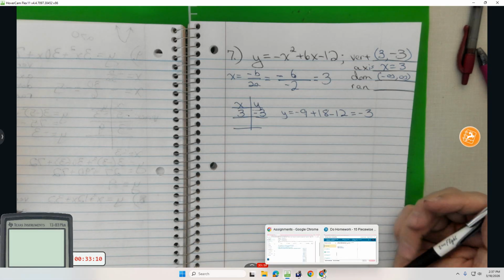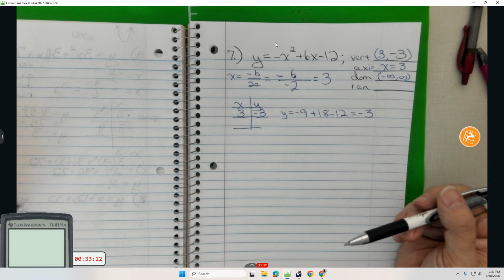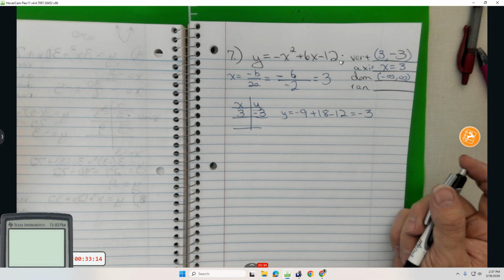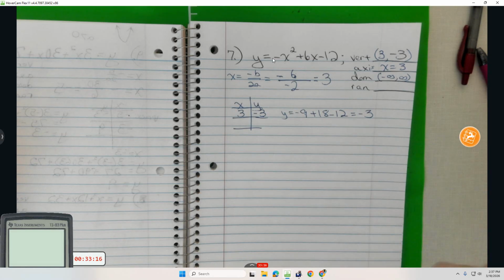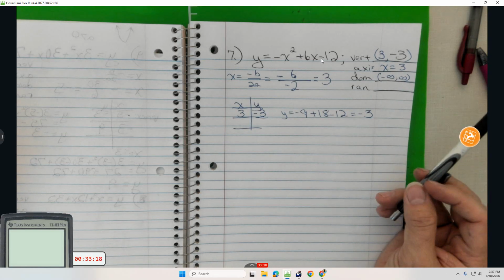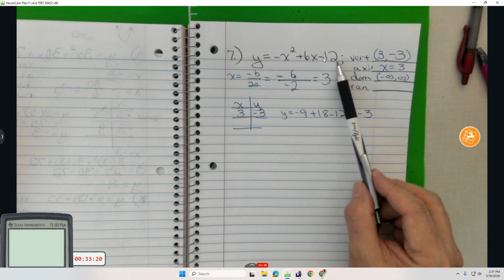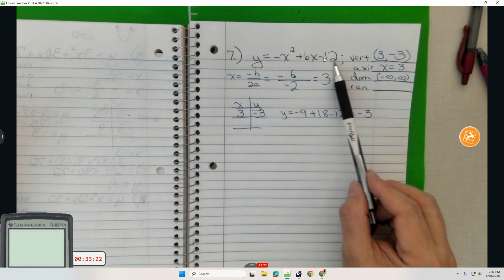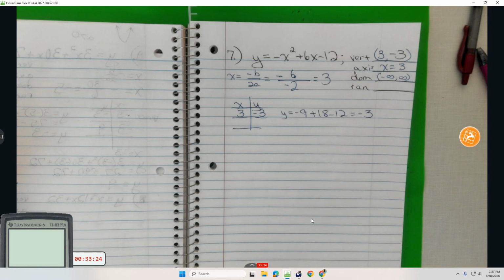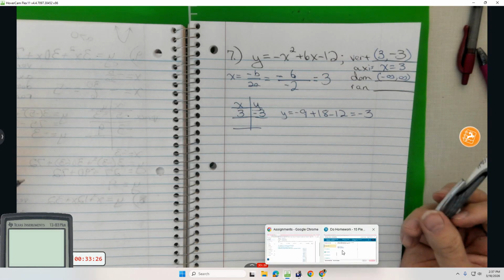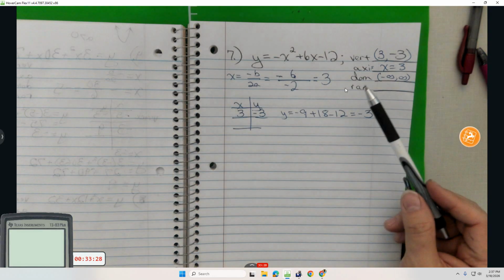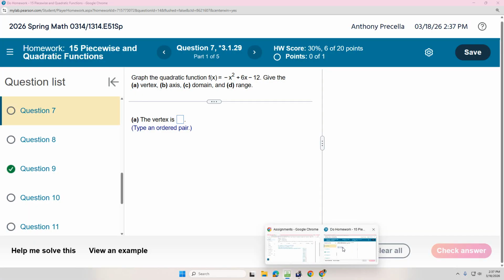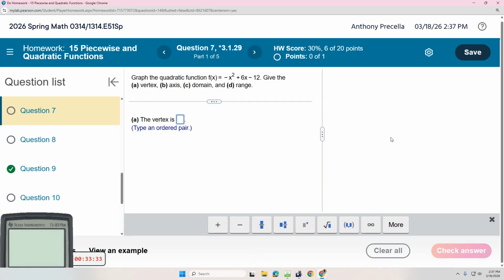Well, my favorite number to plug in is 0. Do you think I can use 0? If I use 0, what am I going to get? Negative 12. I think the graph only goes to 10, though. Well, let's just go ahead. Type in that vertex and see how big the graph is.